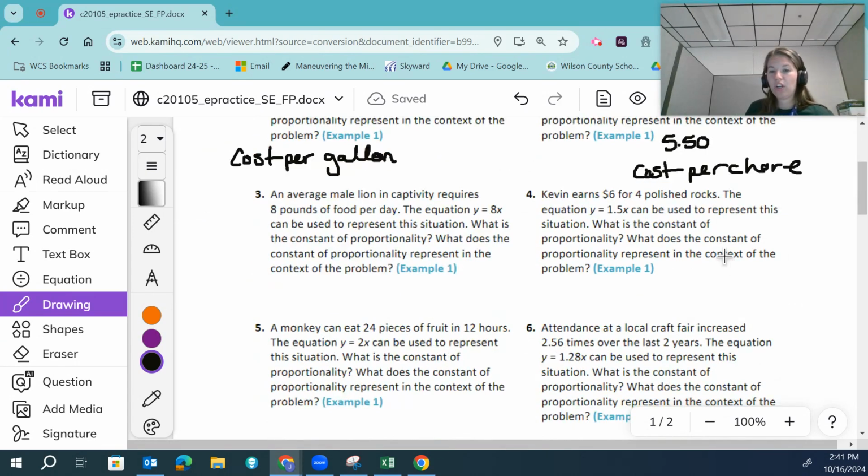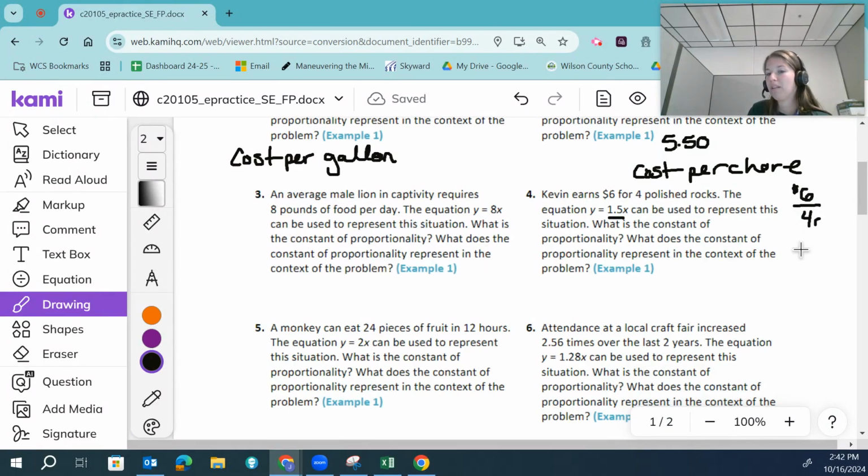Now, if we take a look here, this says Kevin earns $6 for 4 polished rocks. The equation y equals 1.5x can be used to represent the situation. Well, $6 for 4 polished rocks. If they say 1.5, that means we have a ratio of $6 for 4 rocks.